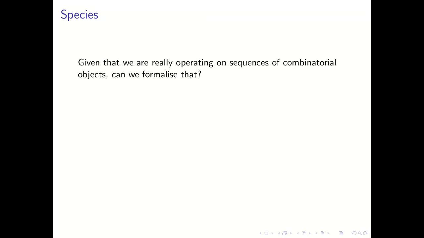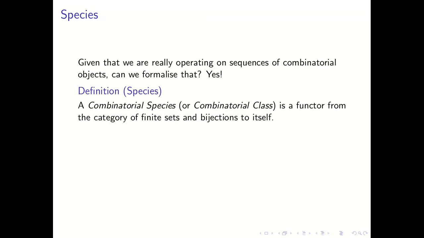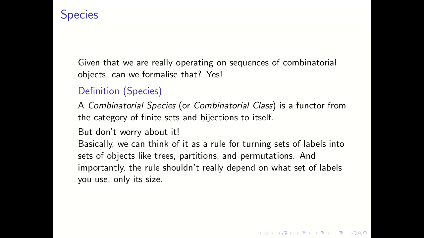I'm not going to explain what this definition means, but this is something that I care a lot about. You've got a notion of a combinatorial species. It's a functor from the category of finite sets and bijections to itself. You can Google what all those words mean, but you don't really need to worry about it. Basically, these things are rules for turning sets of labels into sets of objects, like trees, partitions, permutations.